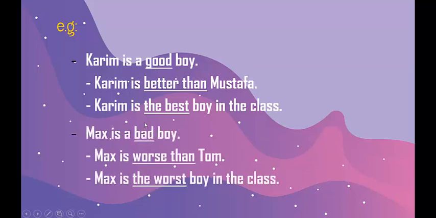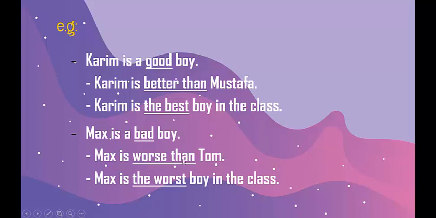And here we have the next adjective, Max is a bad boy. Bad is the second irregular adjective. How to use it in comparative form. Max is worse than Tom. The comparison between Max and Tom using bad will be worse than.